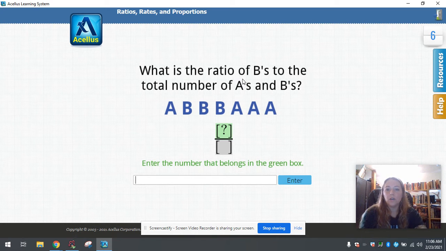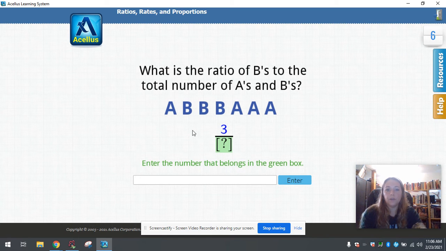Okay. What is the ratio of b's to the total number of a's and b's? Okay. So our numerator is going to be the number of b's. Our denominator is going to be the total number of letters that we have. So the answer that belongs in the green box, how many b's do we have? 1, 2, 3 b's.